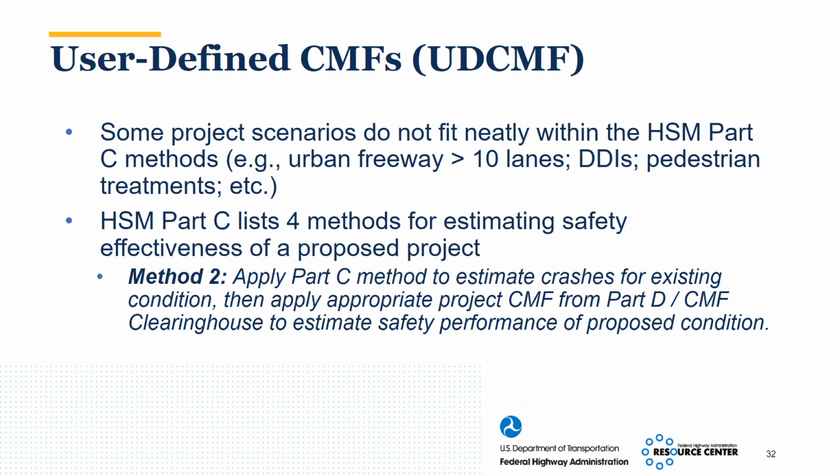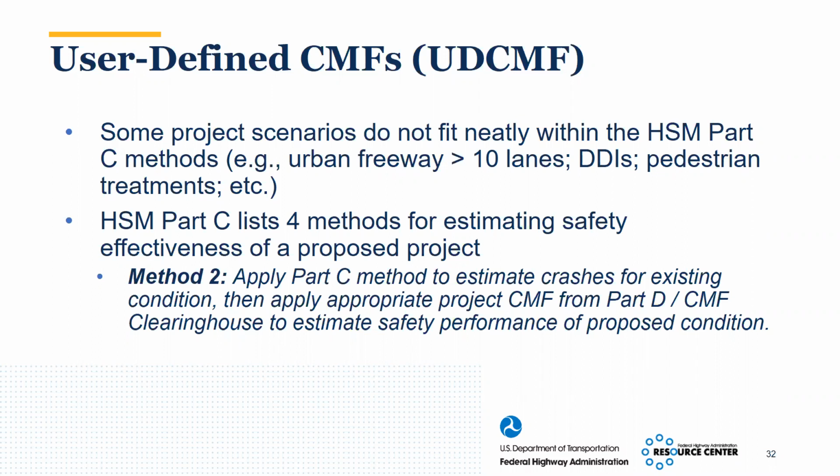Also, many pedestrian treatments, countermeasures that are intended to reduce pedestrian-vehicle crashes, are not represented in the Part C models. So if we're implementing one or more of those, how do we account for the safety effect? Well, HSM Part C lists 4 methods for estimating safety effectiveness of a proposed project.